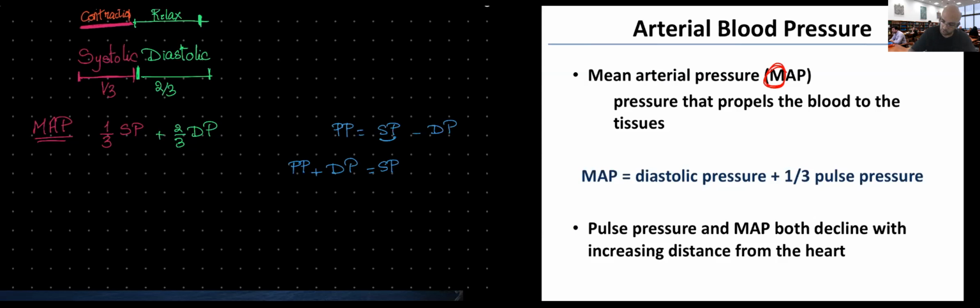So if I'm saying here 40, systolic pressure is 120, and diastolic pressure is 80. So you can say 120 minus 80 is equal to 40, or you can say 40 plus 80 is equal to 120. It's the same. So I will substitute the systolic pressure here by pulse pressure plus diastolic pressure.